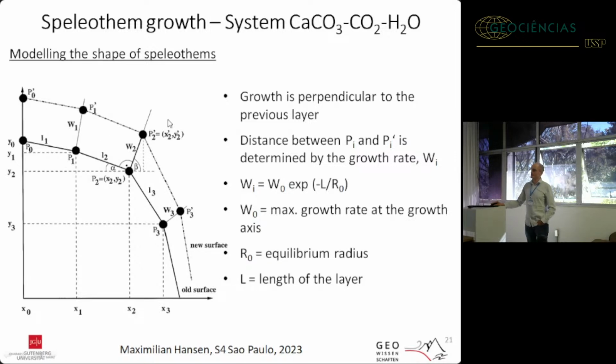And the growth rate, they derived like that. That would be the maximum growth rate at the growth axis over here, and then you get an exponential decrease with the length of the layer and the so-called equilibrium radius of the stalagmite, just like the radius of your film.